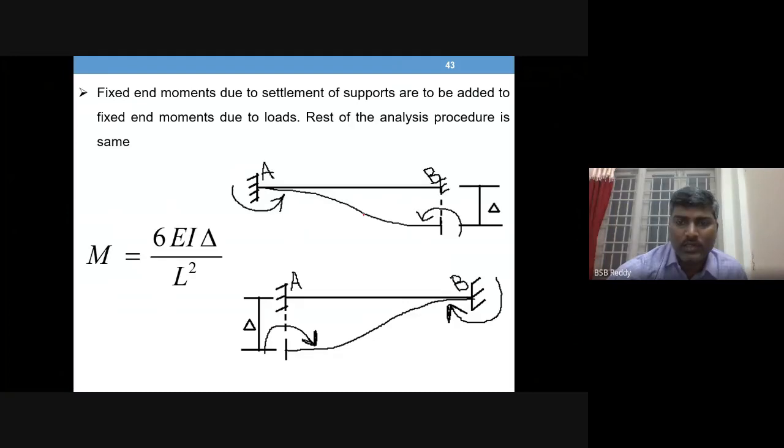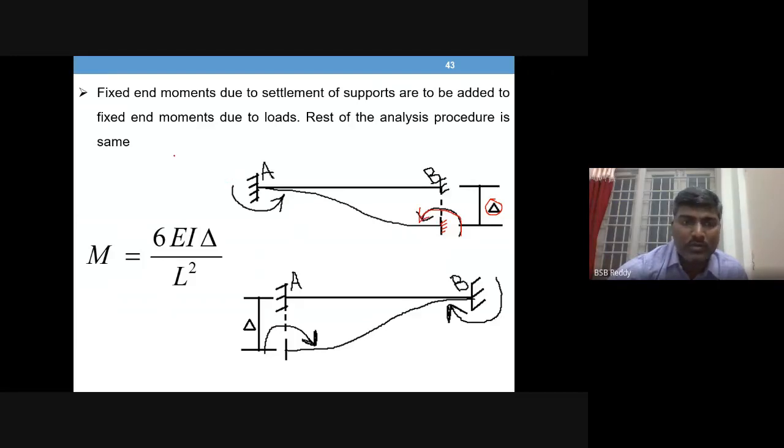If the right hand side support is sinking by an amount of delta, the moments developed because of this sinking effect are: the moment at A is going to be anti-clockwise, and there will be a moment developed at B also in the same direction. So it is also anti-clockwise.